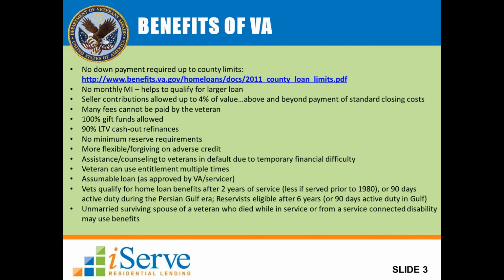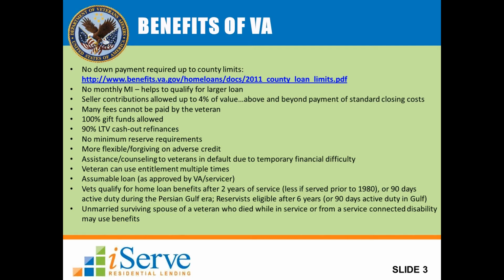The exception being if they were 90 days active duty during the Persian Gulf era, which is basically defined as 1990 to current time. And then reservists are also eligible for VA financing, generally after 6 years, or again if they were called into active duty for 90 days during the Gulf crisis.